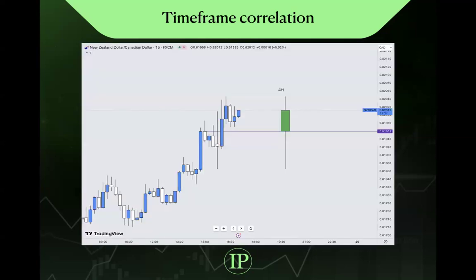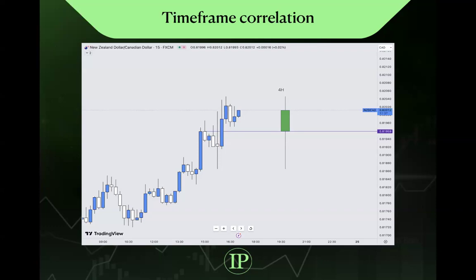Looking at this example on the New Zealand dollar and the Canadian dollar, on the right-hand side we have the current 4-hour candle developing. There's a purple line over there, and that line represents the open of that 4-hour candle and where it is on this 15-minute time frame.